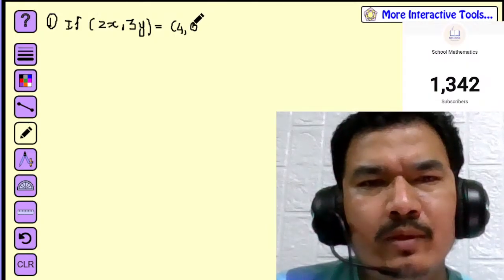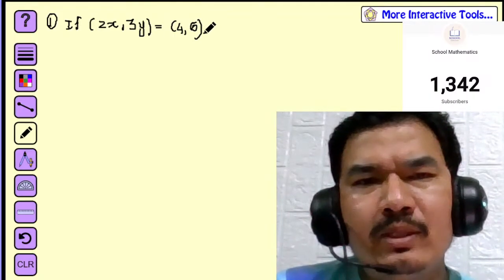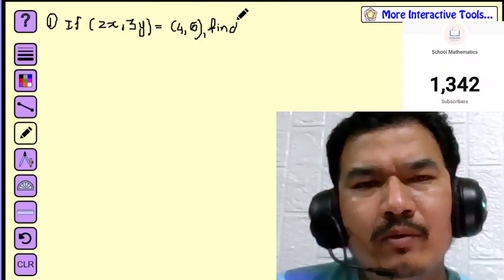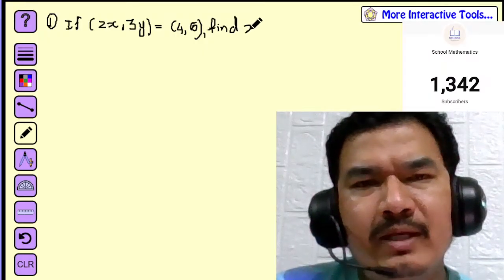Okay, this is another ordered pair, right? And the question is asking that find x and y.